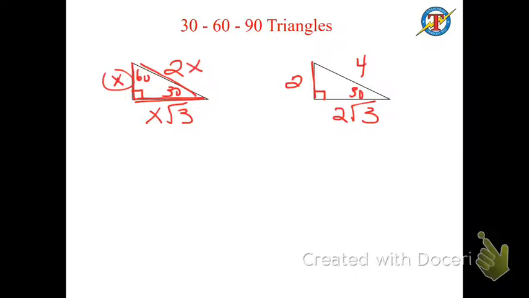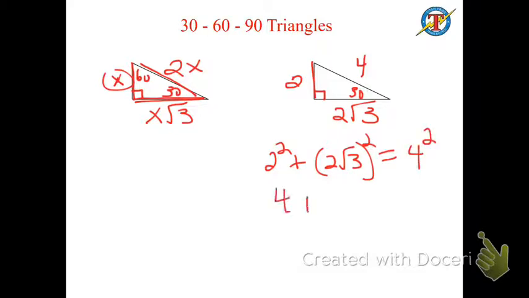I didn't really prove it to you, but you could do the Pythagorean theorem to at least justify it to yourself. A squared plus b squared equals c squared. So 4 plus, this would be 4 times 3, so that'd be 12, equals 16, and you can see it does check at least. All right, so now let's just do a couple real quick problems.